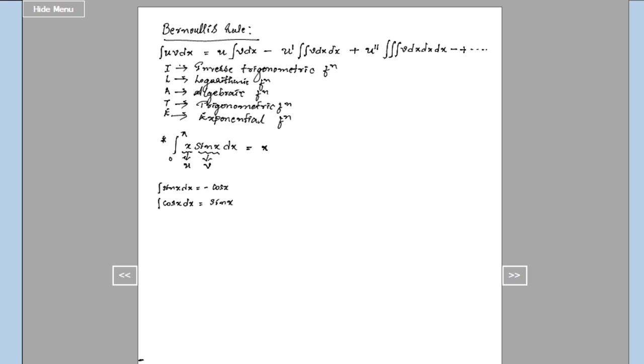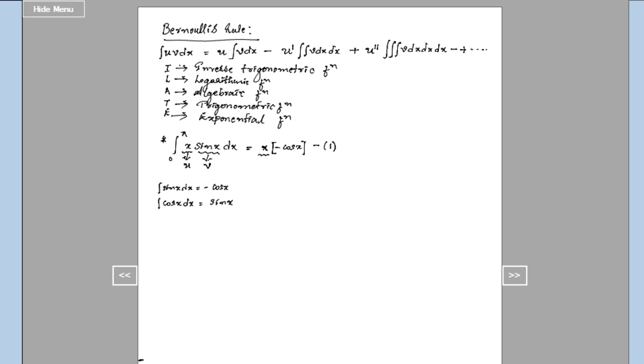U into the integral of v. The integral of v means the integral of sin x, which is minus cos x. Minus, the rule says, differentiate x. The derivative of x is 1.